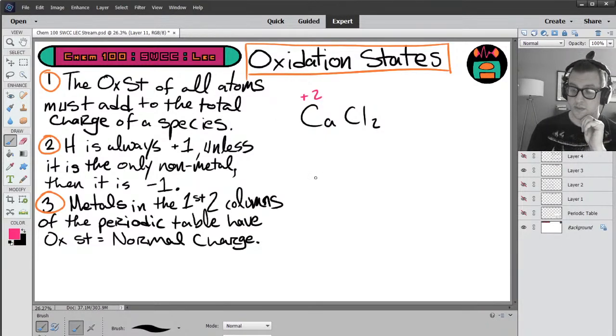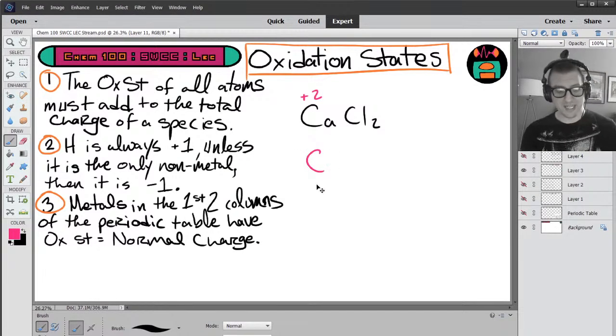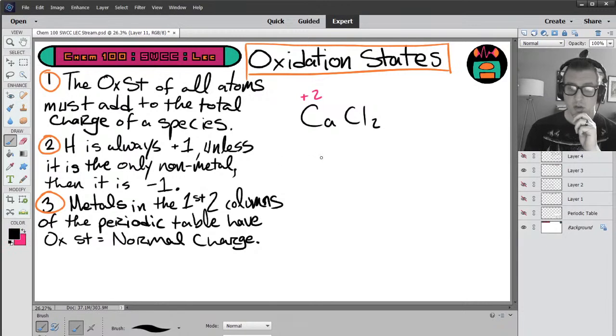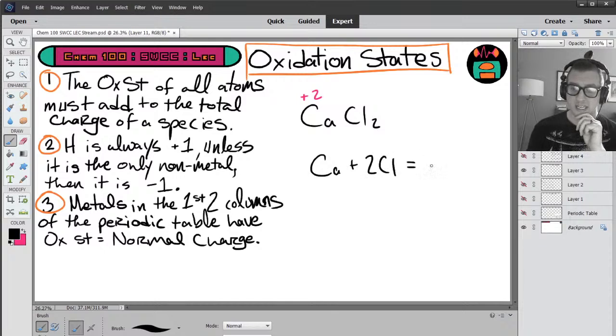Now that we know calcium, we can solve for chlorine, because we know that the oxidation state of calcium plus the oxidation state of both chlorines is equal to our total charge, which is 0.